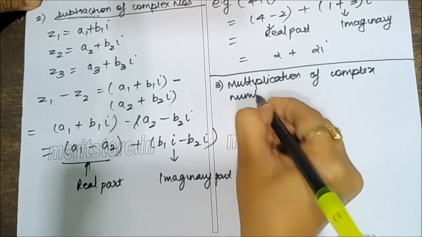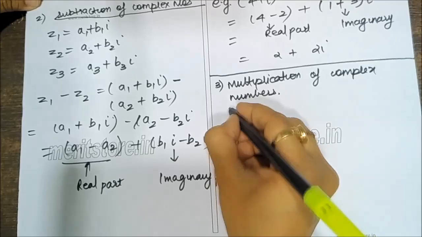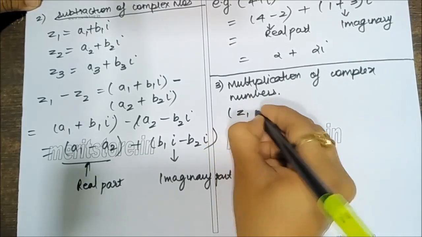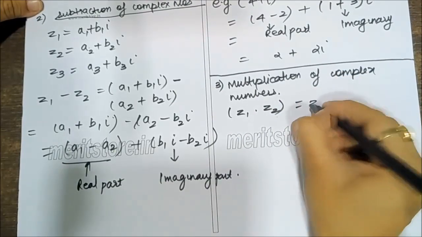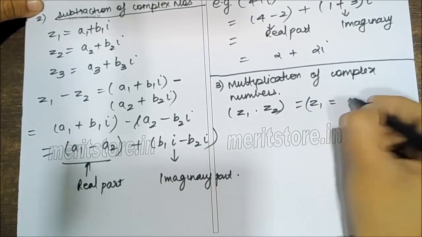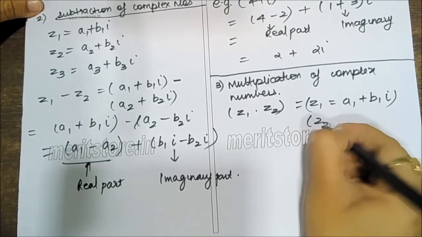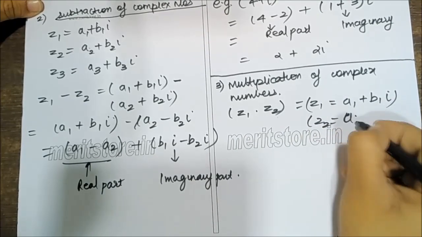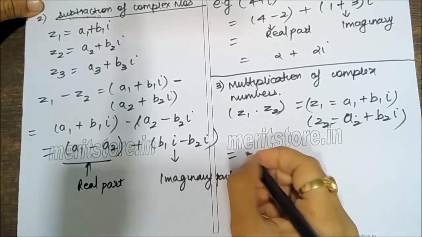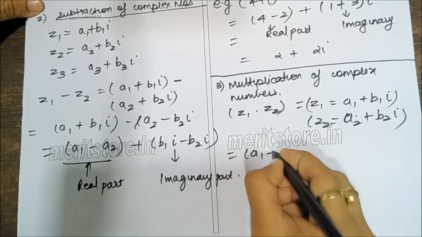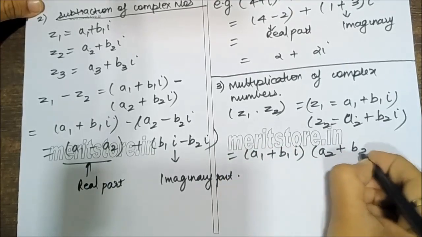Complex numbers. If I say Z1 and Z2, and let's say Z1 is defined as A1 plus B1i, as in the earlier example, and this is A2 plus B2i, you will solve it as A1 plus B1i into A2 plus B2i.